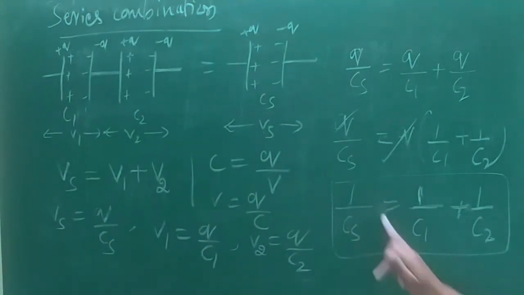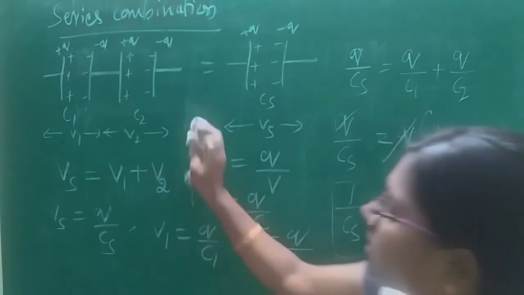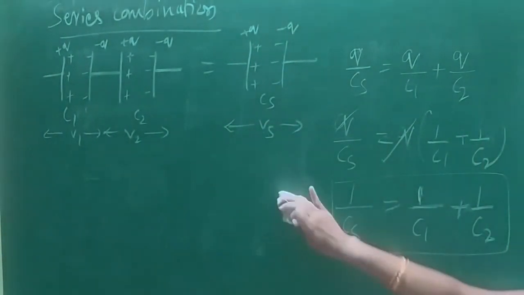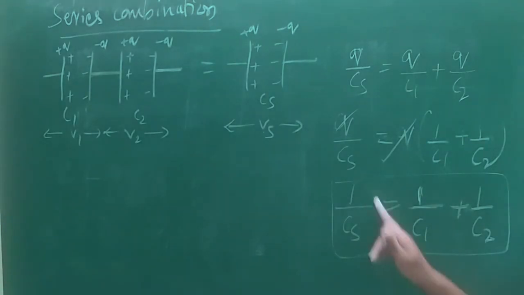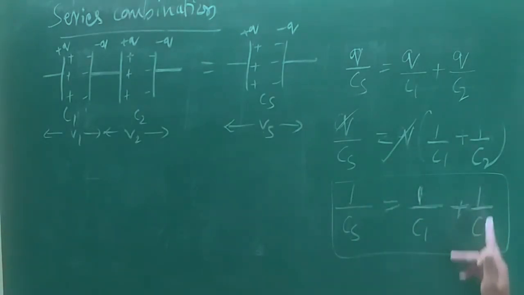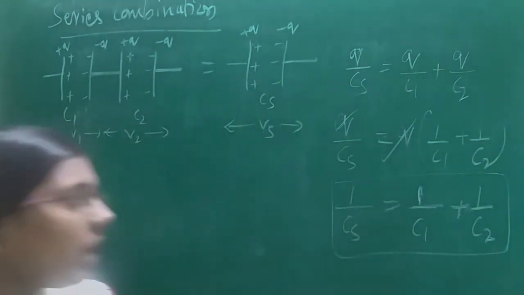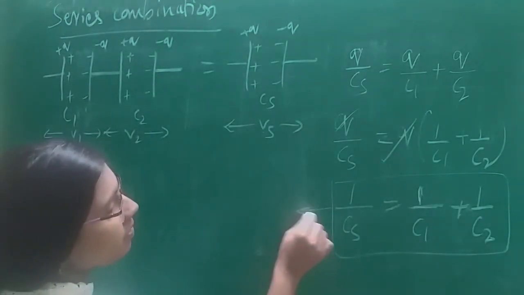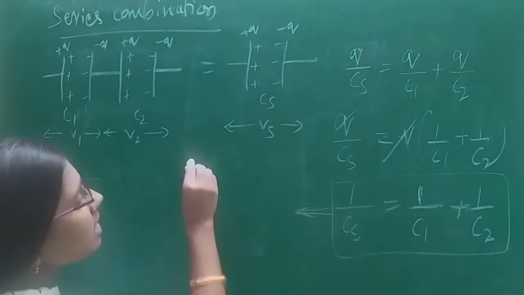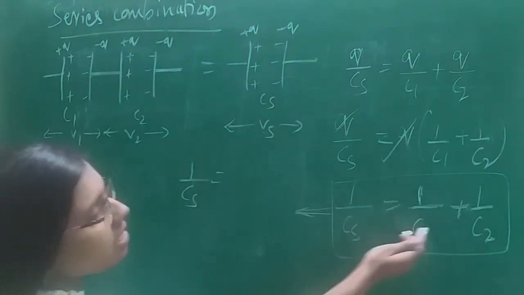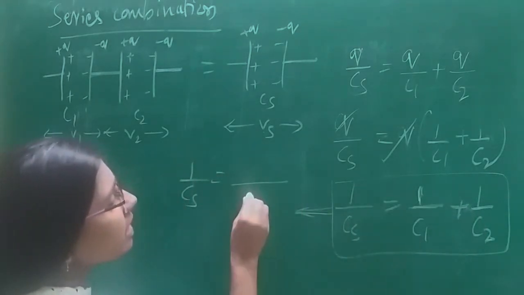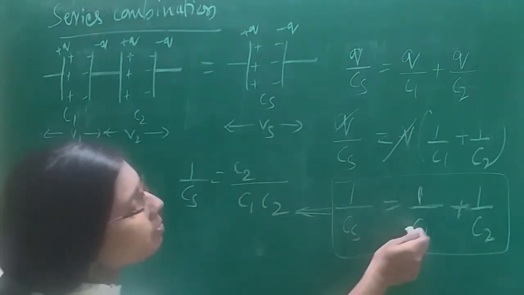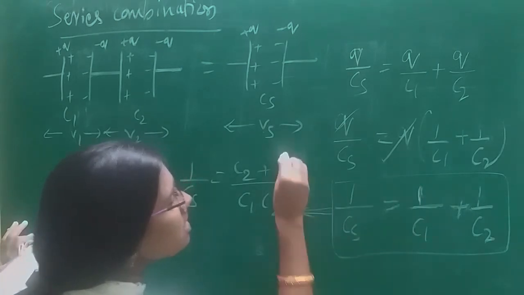Now if we consider two capacitors, then the expression for equivalent capacitance will be 1 by Cs is equal to 1 by C1 plus 1 by C2. This can also be written by taking the LCM, so we get C1 C2. C2 into 1 is C2 plus C1 into 1 is C1.